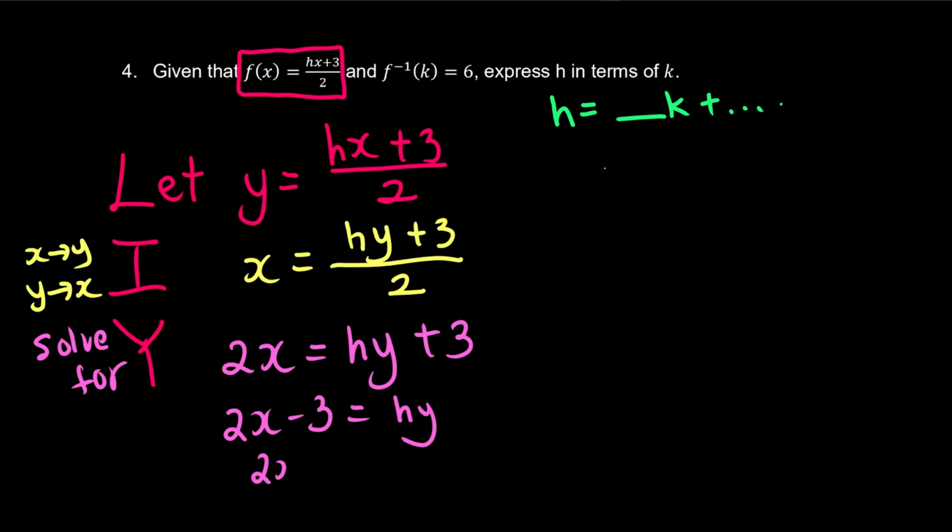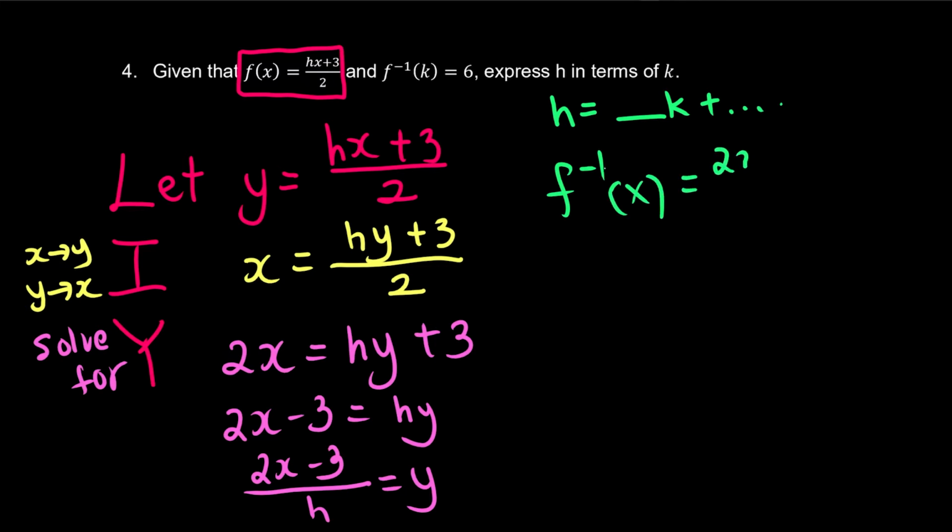So (2x - 3) divided by h is equal to y. So we're done finding out what is our y here, and that is going to be our f inverse. So we can conclude that our f inverse here is going to be (2x - 3) over h.